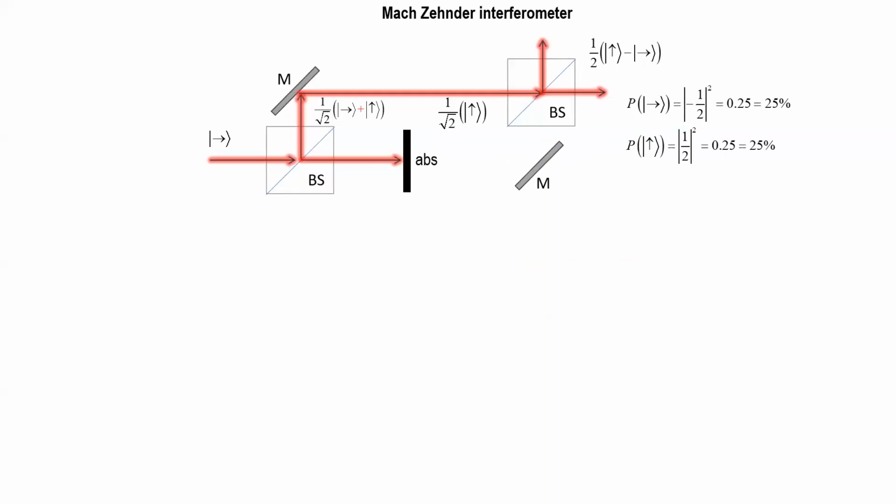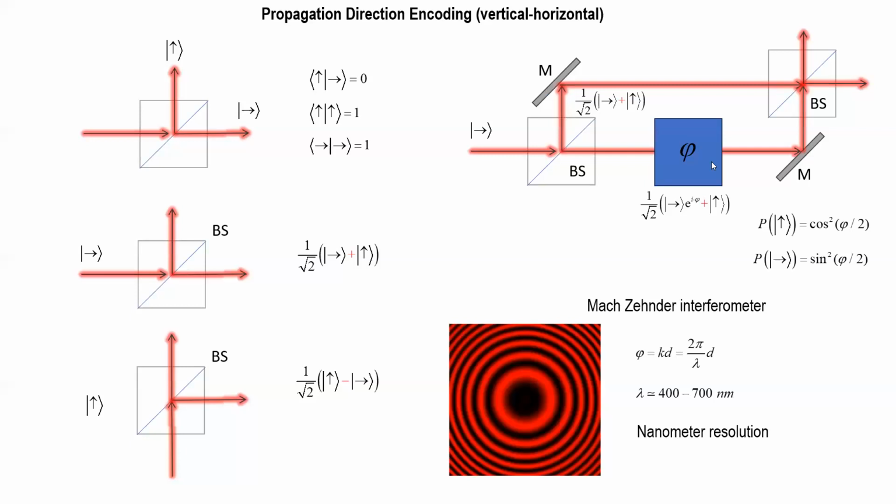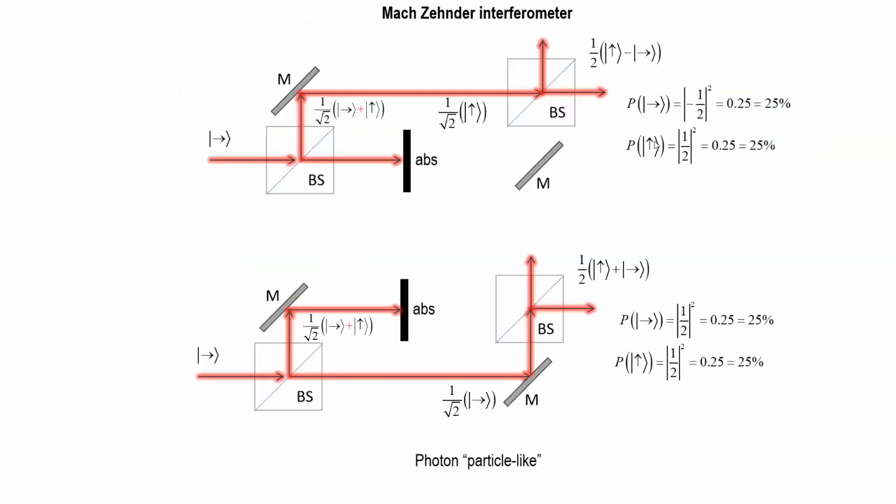However, if you remove the detector, the photon behaves as a wave. So a single photon travels either in the upper channel or in the lower channel, and we don't know which of them. And on top of that, we must consider the photon as traveling through both channels simultaneously, even a single photon.